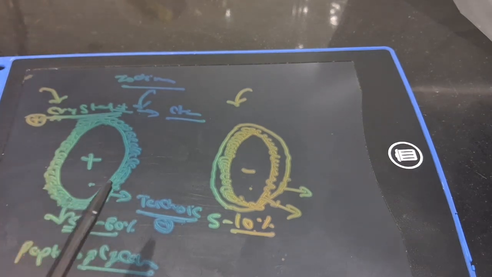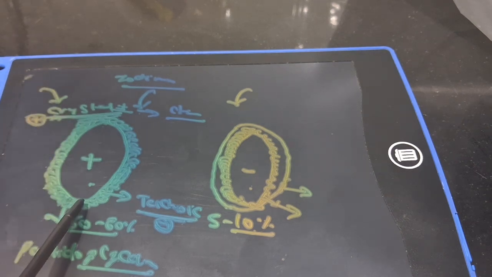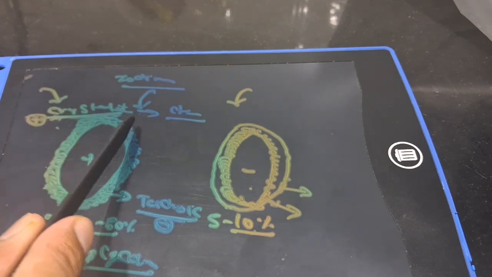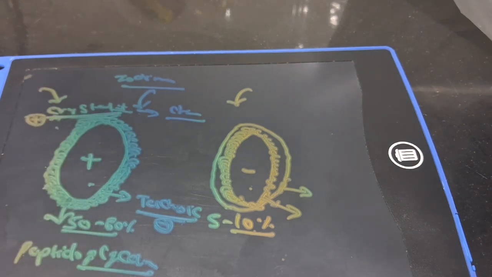That chemical complex will be trapped inside the porous structure of peptidoglycan layers. So let me remind you again that gram positive has a very thick layer of peptidoglycan. There are multiple layers of peptidoglycan. So that chemical complex of crystal violet and Gram's iodine will be trapped very deeply and will have a tight bond.